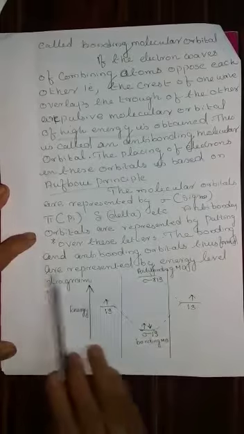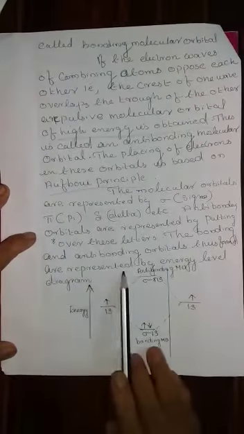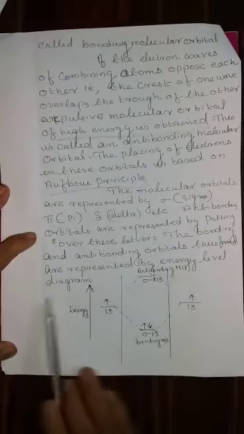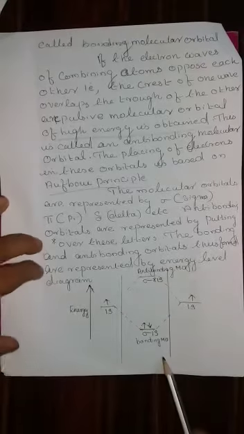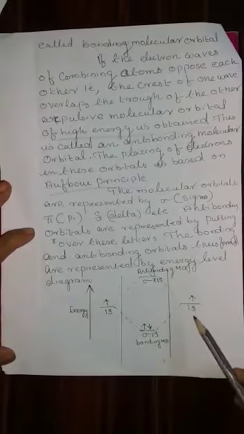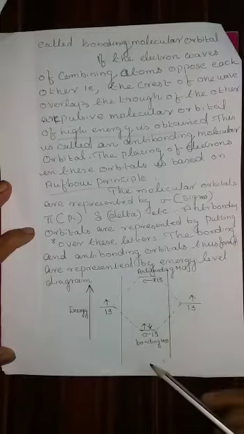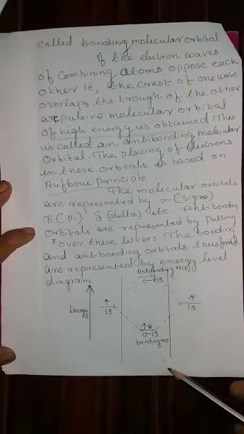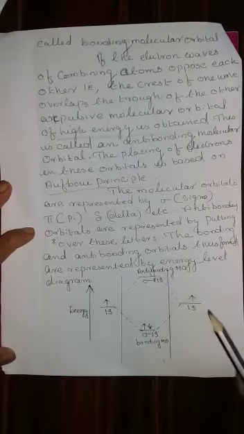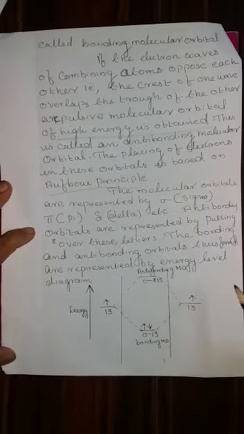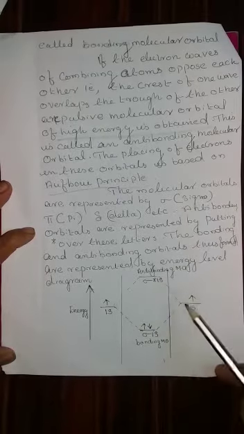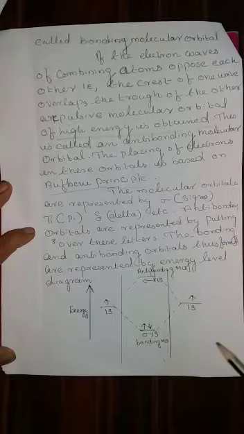The bonding and anti-bonding orbitals thus formed are represented by energy level diagrams like this. For the electronic configuration in the examination, it is not compulsory to draw the diagram. You just have to write the electronic configuration and the properties like bond order, stability, magnetic nature, etc.